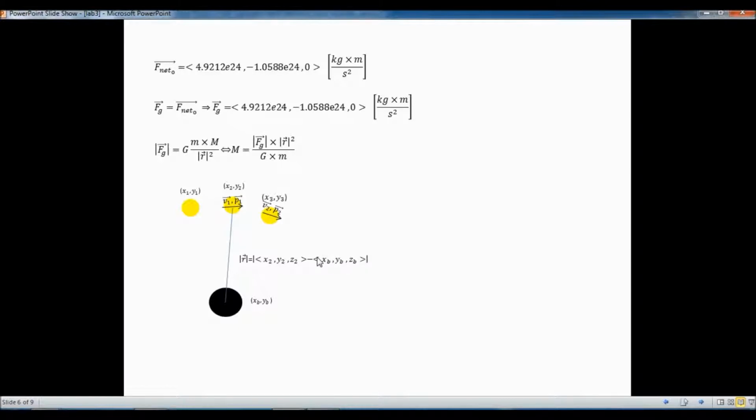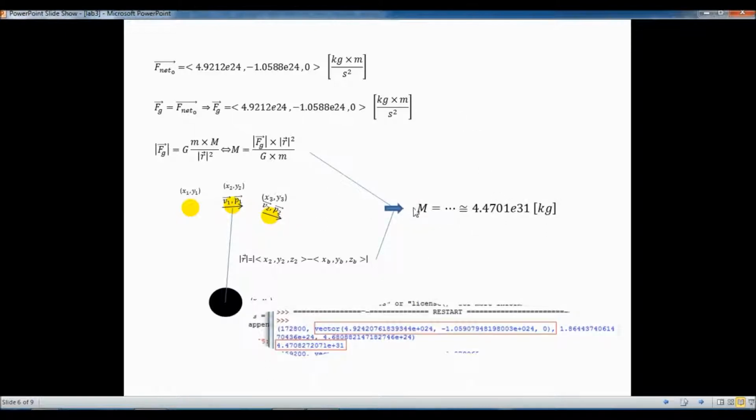The star has initial velocity and momentum here, and at this point the gravitational force causes a change of velocity and momentum. Taking all this into account, we obtain the black hole's mass, and as we see here, this value is equal to the value I obtained from Python.